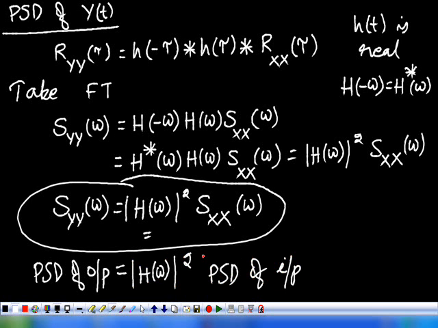I think you might have studied the same relation in the case of deterministic signals. Have you studied? In the case of deterministic signals also the same relation holds. The relationship between the PSD of output and the PSD of input is the same.